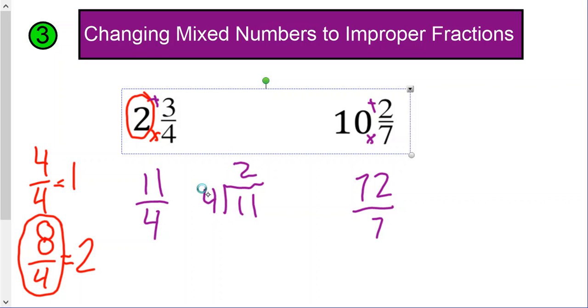Okay, so we multiply 4 times 2, that's 8. We bring down the 3. And again, just like last time, this becomes our new numerator, and our denominator stays the same. Okay, so 2 3/4. All right, make sure you write this down in your math notebook.